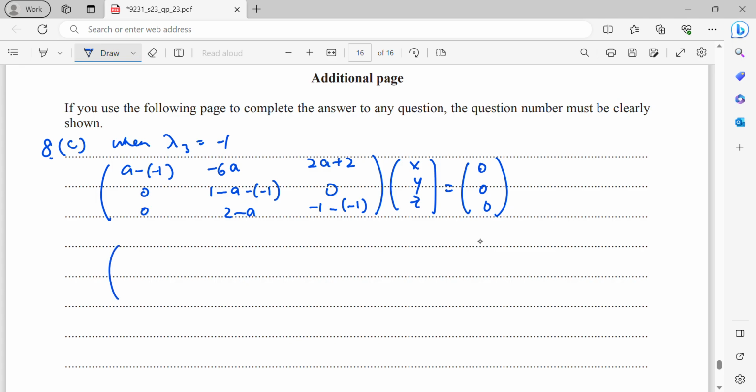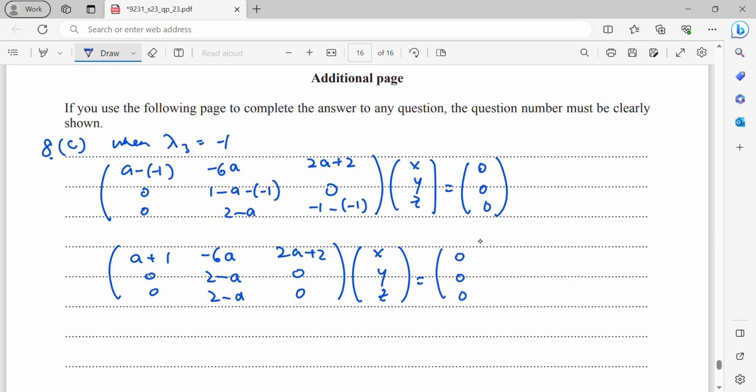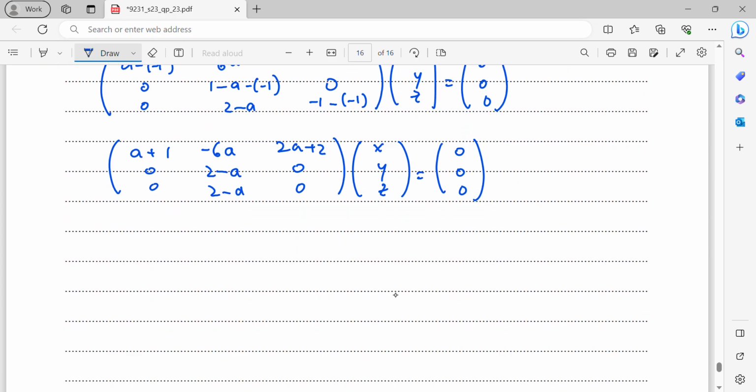So from here, I will get a plus 1, 0, 0, minus 6a, then 2 minus a, then 2 minus a. After that, 2a plus 2, 0, 0. Okay, so you will notice that the second and third row are the same. So it means that we just choose one of the rows and form the equation. Probably I just start with the second row first. So it will be (2 minus a)y equals to 0, which means y equals to 0. This one is better.